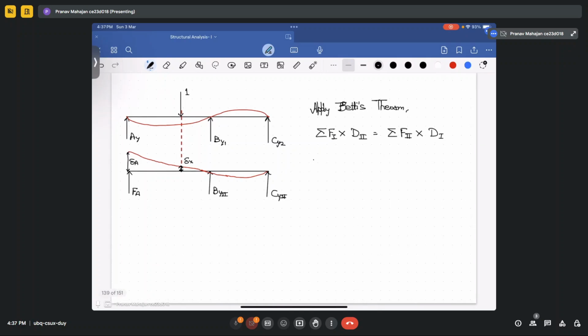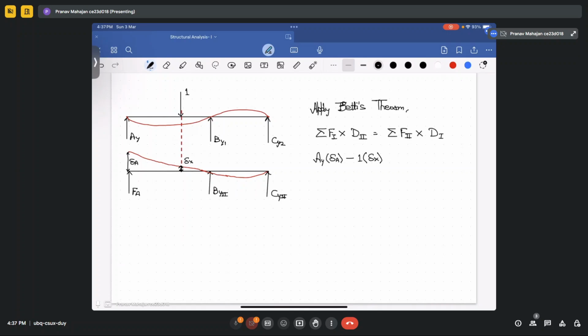So AY into delta A will be equal to, plus 1 kilonewton also. No, I will add negative here because the deflection is upward, but the load applied is downward. Whereas in case of AY, the deflection is upward and AY is also applied in the upward direction. Okay, so this is your delta H.